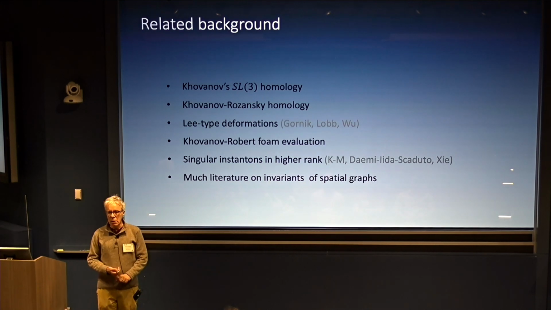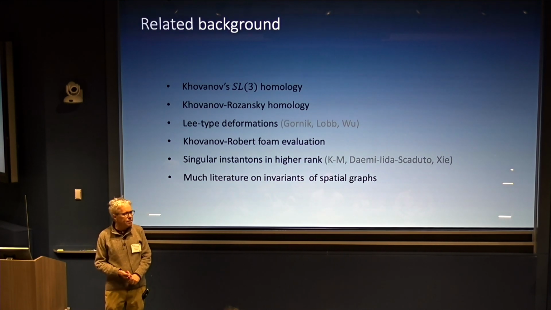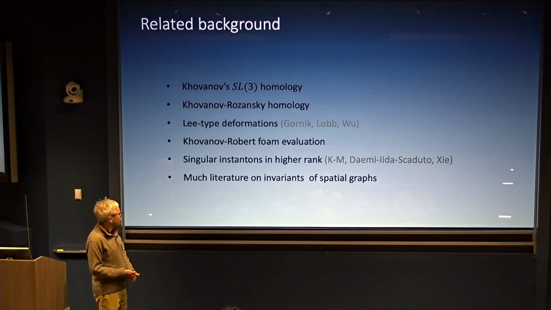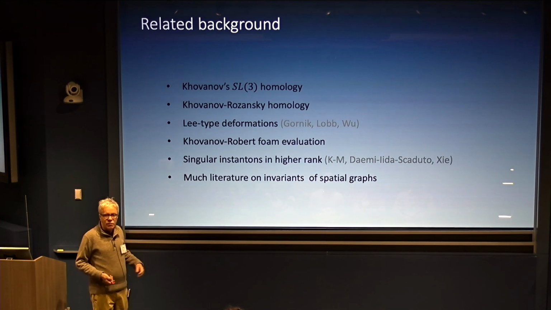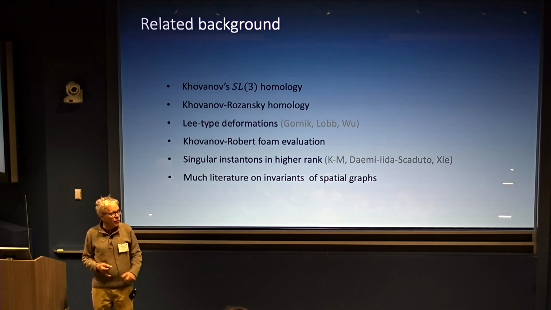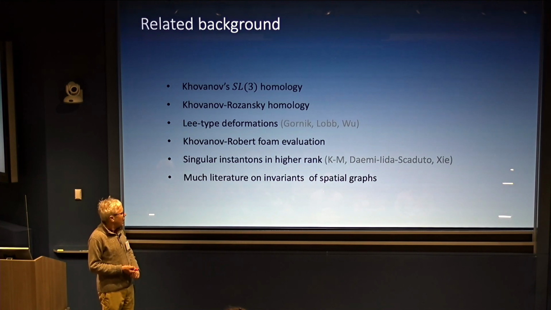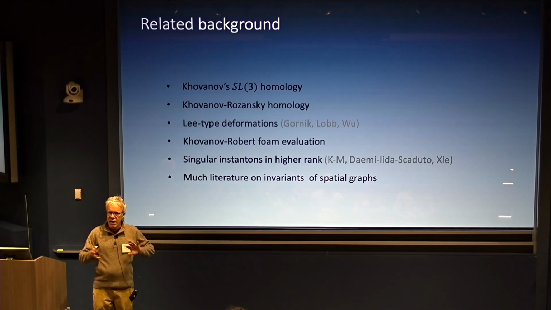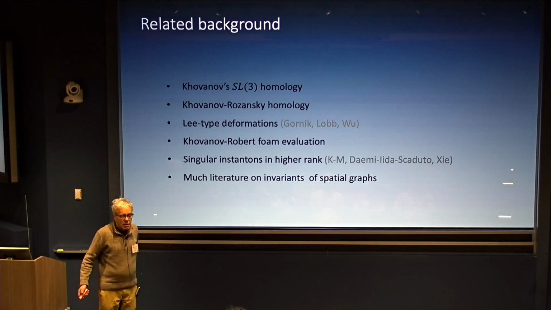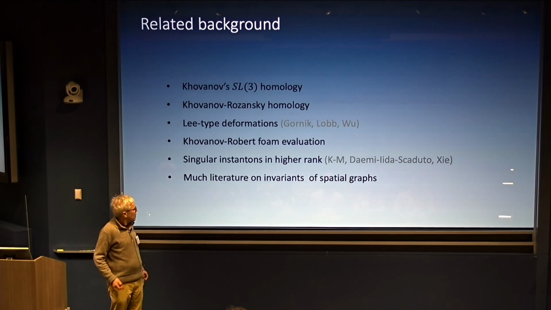There's actually a lot of literature on those from all sorts of viewpoints, and some of the interest for me in working on this with Tom is just seeing how what we're doing interacts with other, older work on spatial graphs.